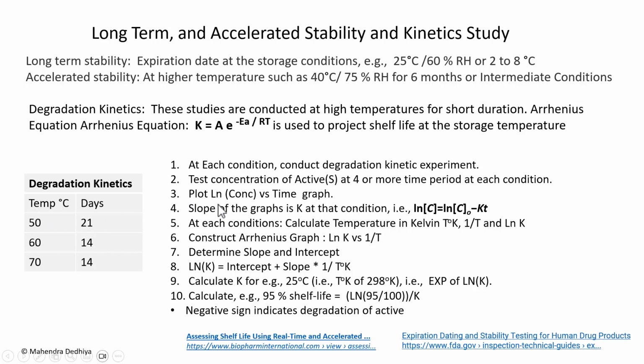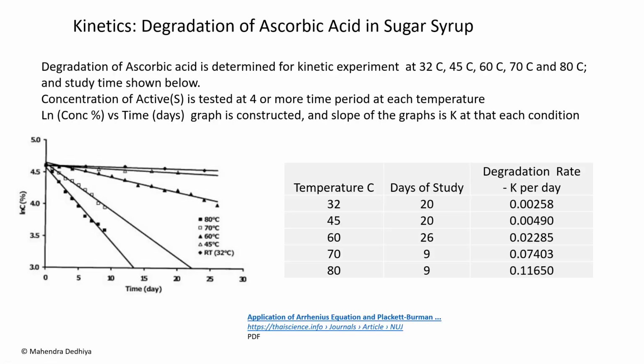Then we graph natural log of concentration versus time and calculate the K value at different temperature conditions. We calculate K values and then graph the Arrhenius plot. Based on the Arrhenius plot, we can calculate the K value at room temperature or desired storage temperature and the projected shelf life.